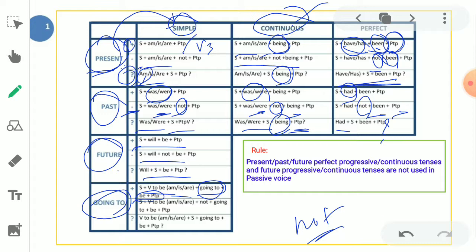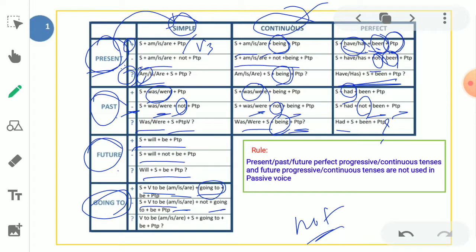Then when we come to negative: subject plus am or is or are plus not, after the helping verb, plus going to. It is already given in the sentence, you just have to place it here. After this you have to write be plus V3 form.